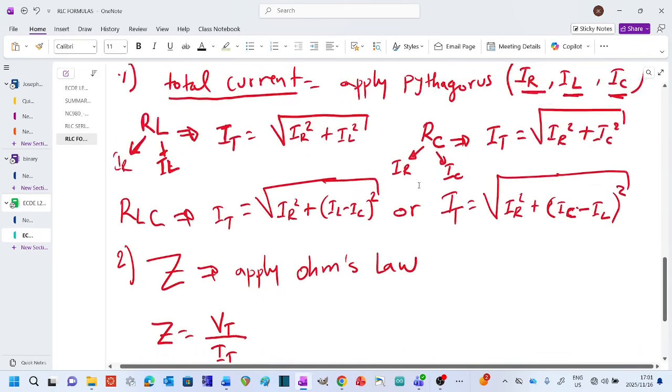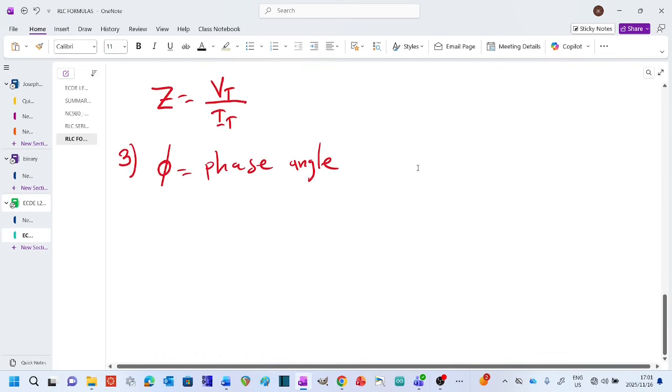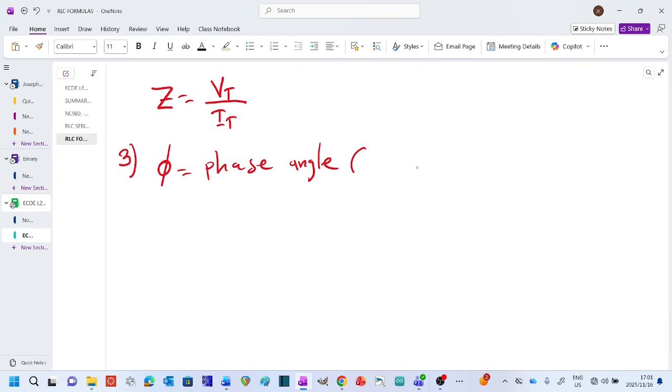In a parallel circuit, when they ask you to calculate the phase angle, we are dealing with IL, IC, IR. That's what we are dealing with.